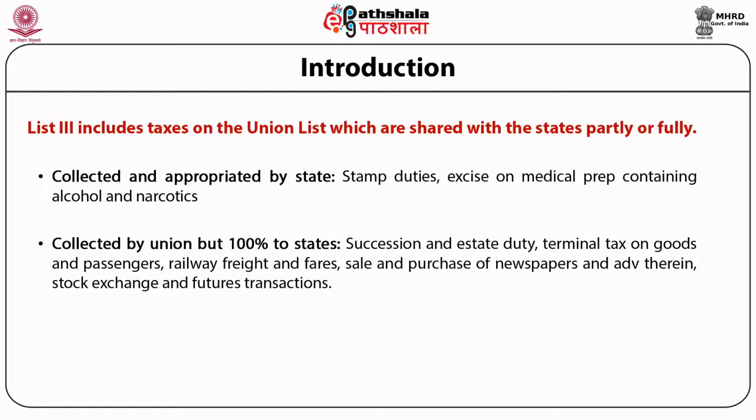Succession and estate duty, terminal tax on goods and passengers, railway freight and fares, sale and purchase of newspapers and advertisement therein, stock exchange and future transactions are collected but shared with states.